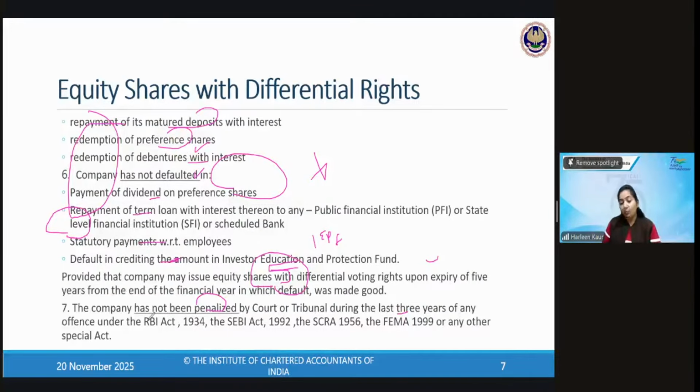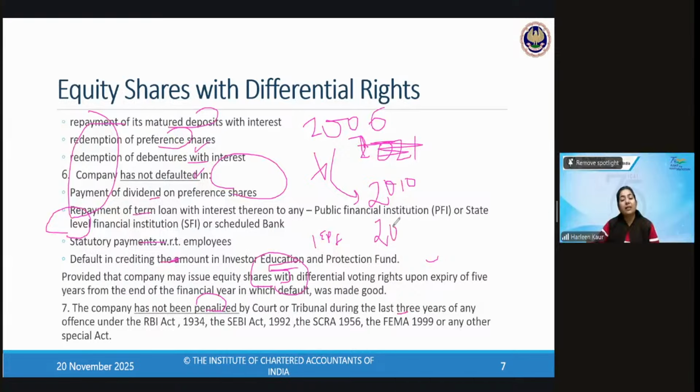Now, if there was a company which wants to issue DVRs and it has defaulted in payment of dividend on preference shares of its companies, okay, not 2021, it defaulted in the year 2006, and after that this company paid the arrears of dividend in 2010.